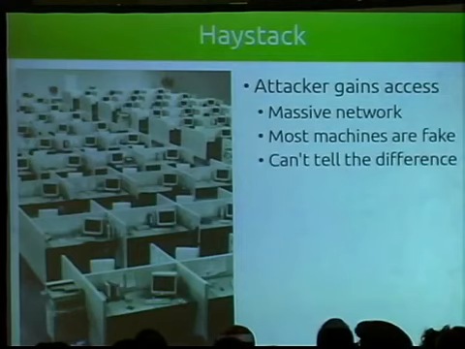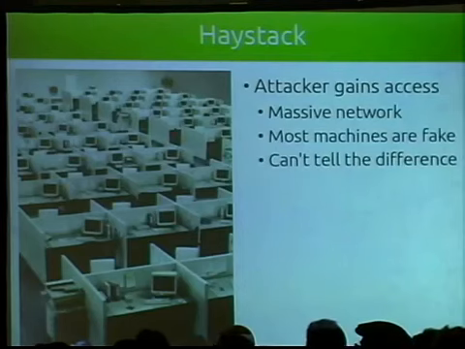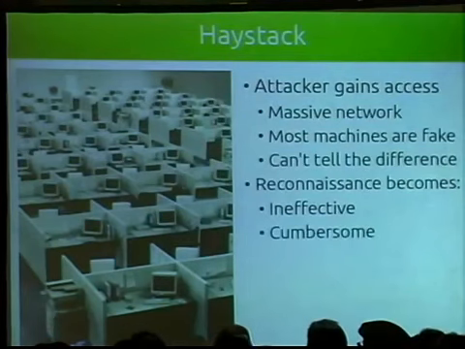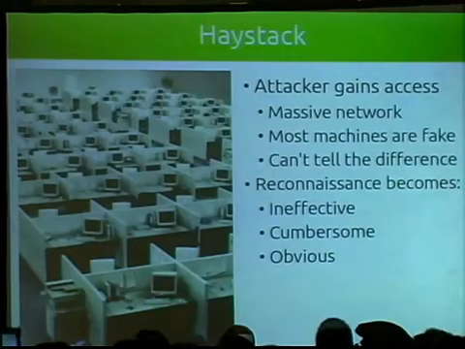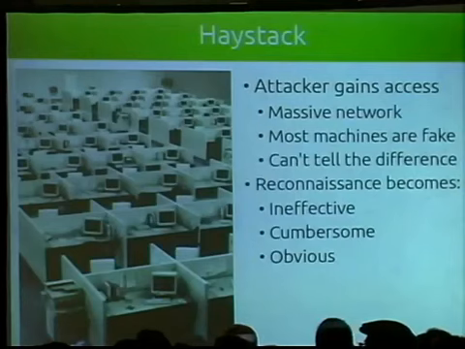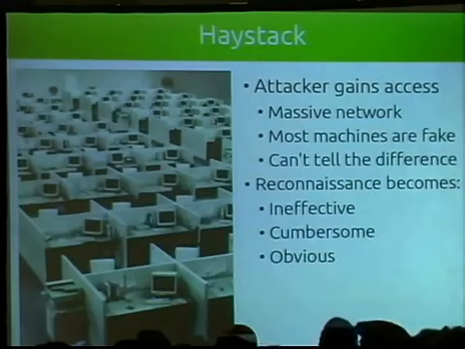You can spend hours trying their individual services, trying to log into them, seeing if they're exploitable. So reconnaissance itself becomes ineffective, cumbersome and obvious. I think we can see how reconnaissance becomes more difficult. The process itself becomes really annoying, you don't know what machines are fake, and finding out what's actually exploitable becomes really, really hard.